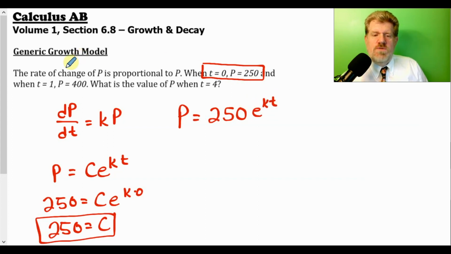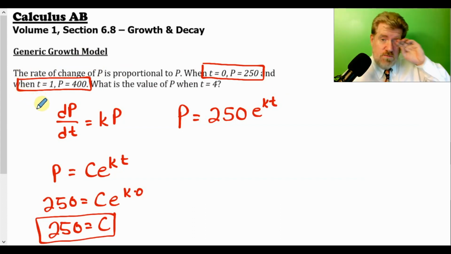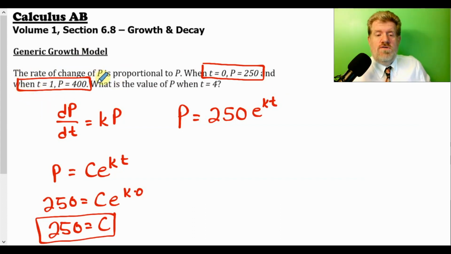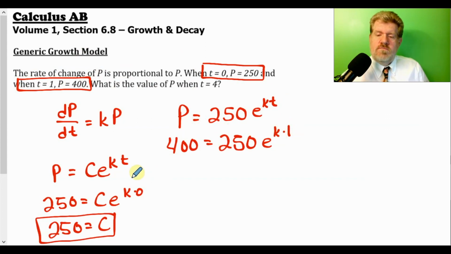Now, since we're assuming it's proportional to itself, and we're assuming it's exponential, we only need one more data point to come up with the k value, that constant of proportionality. So we're going to use this fact. So 400 equals 250e to the k times 1. And now we solve. We're going to divide both sides by 250, and you end up with, I believe, 1.6.